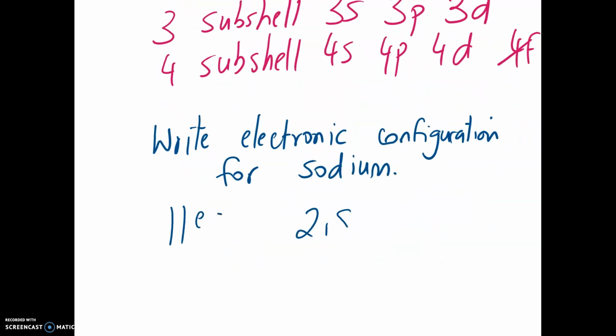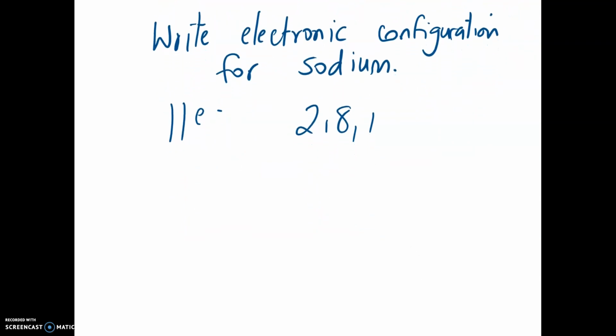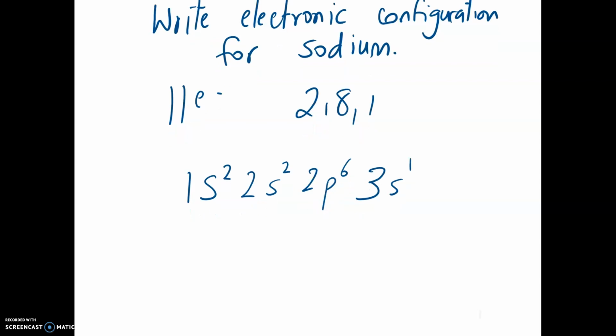At GCSE, you would have said 2, 8, 1. And having a look at that, this A-level will become 1s2, the first shell. Second is 2s2, 2p6, and 3s1. So let's have a look at how I get to this electronic configuration.